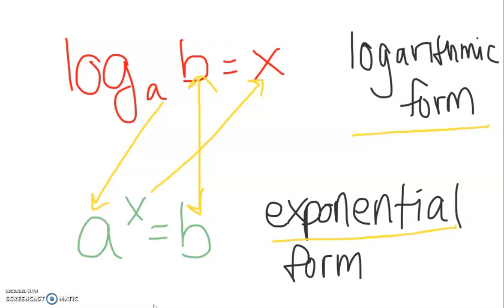You don't realize it, but you're actually finding the inverses of each other. So when the quiz says find the inverse of this exponential, you convert it to logarithmic and you found the inverse. Does that make sense? They are inverses of each other.